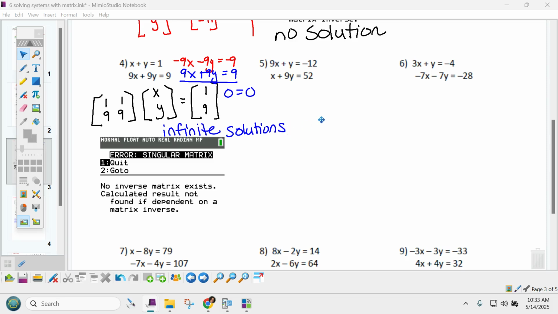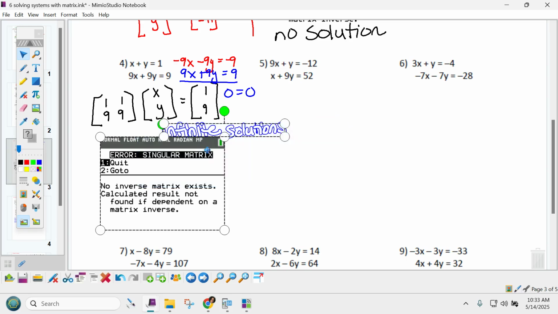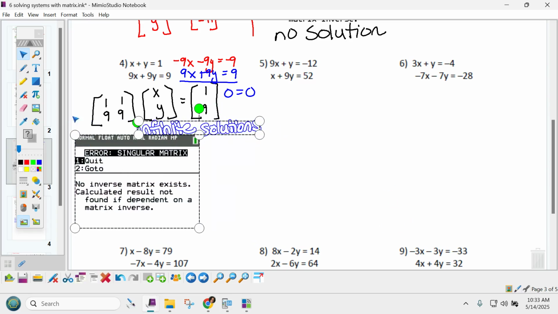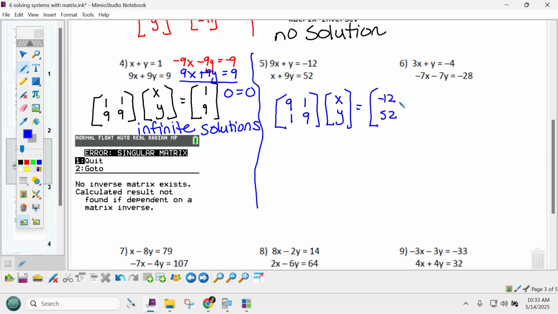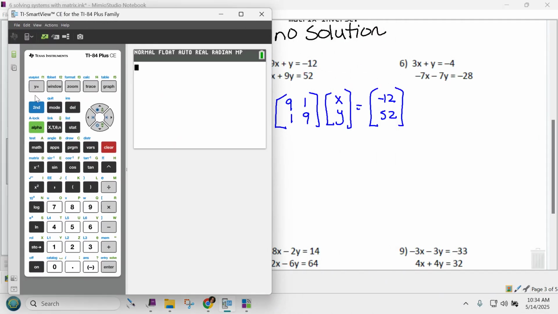You set up your matrix equation. Let's go to the calculator. Matrix, edit.